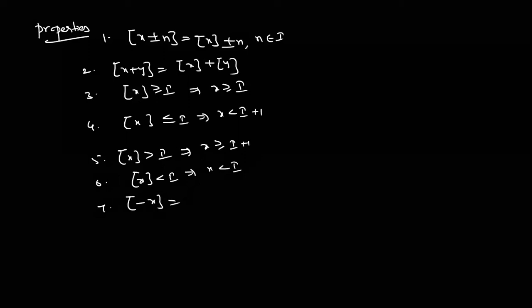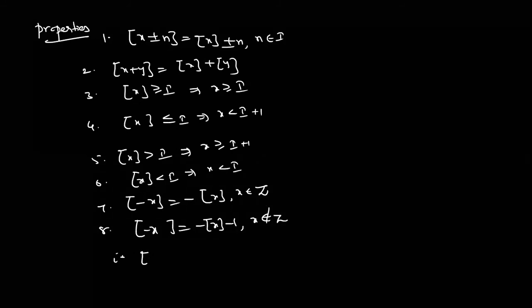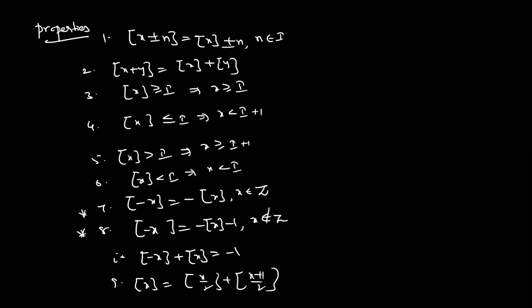Integral part of minus x is minus integral part of x if x belongs to Z, integer. If x doesn't belong to Z, you can write integral part of minus x plus integral part of x is how much? Always minus 1. Ninth one. So in this case, the seventh and eighth ones are compulsory.